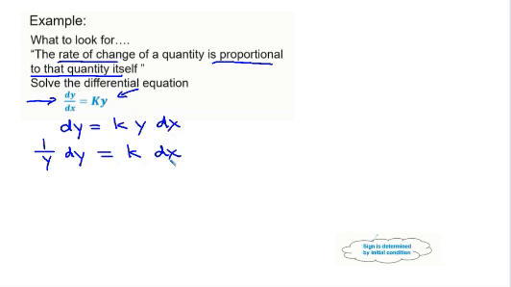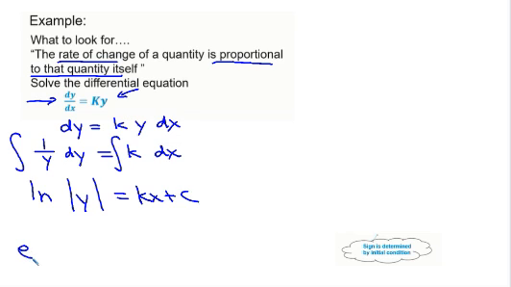Remember that k is just a constant, just a number. If I integrate both sides now, I'm going to have the natural log of the absolute value of y equals kx plus c. And we're used to this.